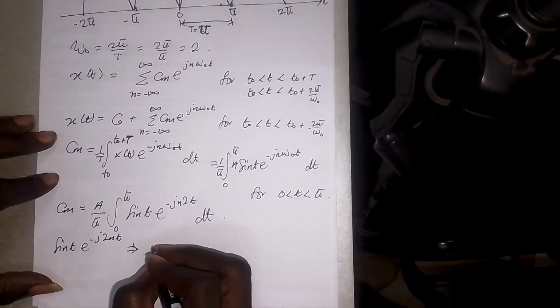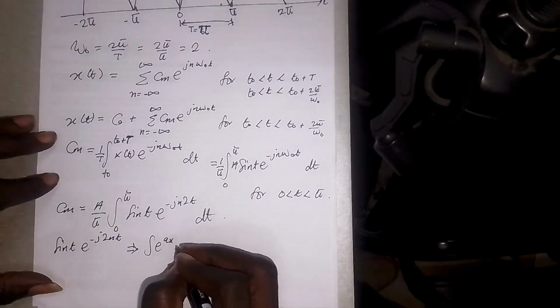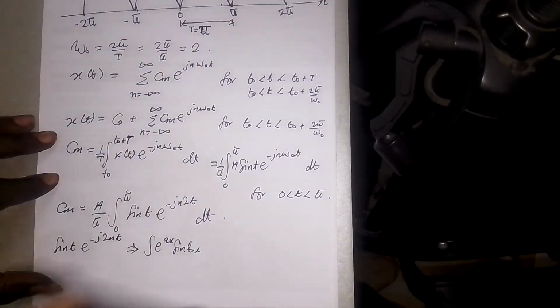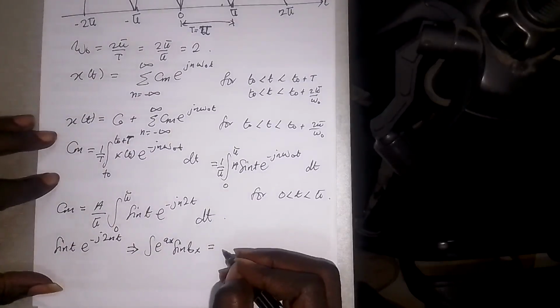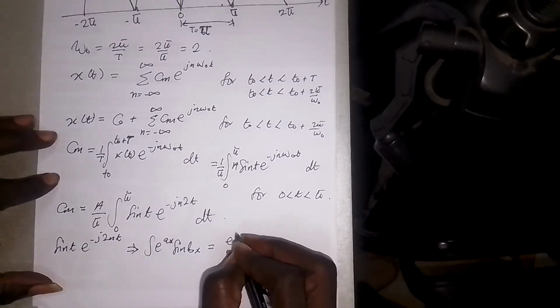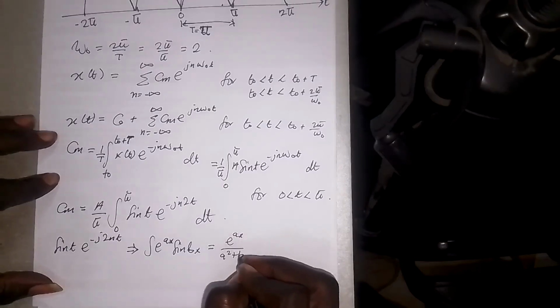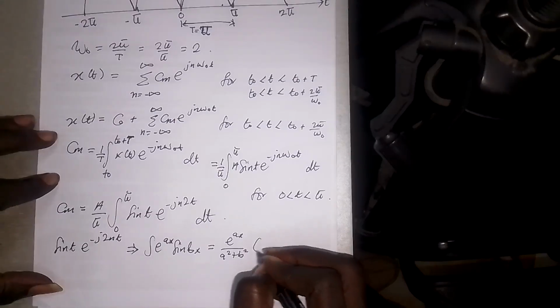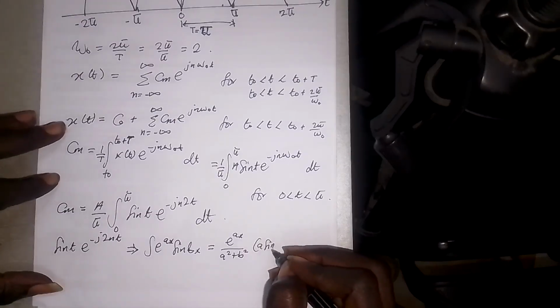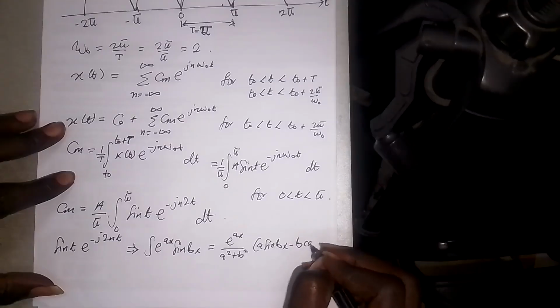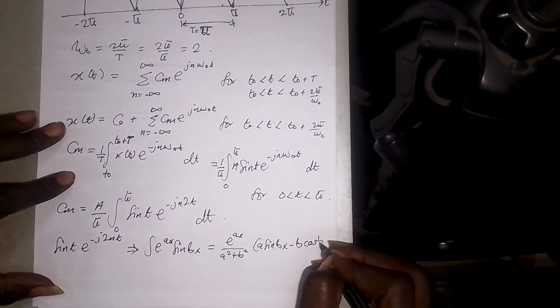We know that the integration of e^(ax) sine bx is equal to e^(ax) over a squared plus b squared, into a sine bx minus b cos bx.